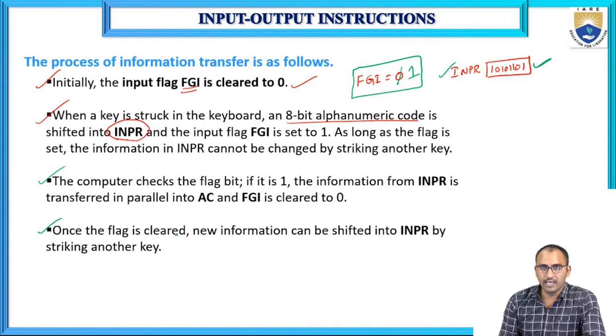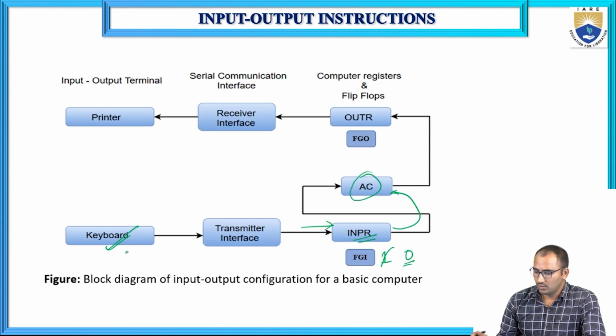Once the flag is cleared, information can be shifted into INPR by striking another key. Whenever FGI is equal to 0, only then can the input register accept one more 8-bit alphanumeric code by pressing another key on the keyboard. So that is about how the data from the input device will be passed to the input register.